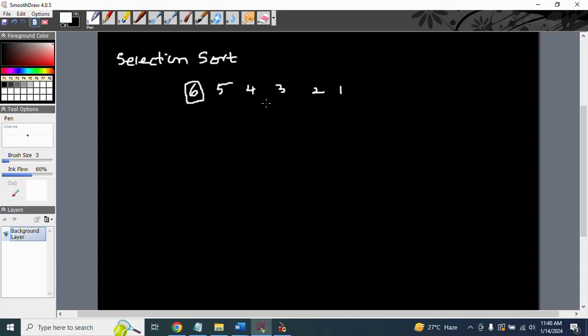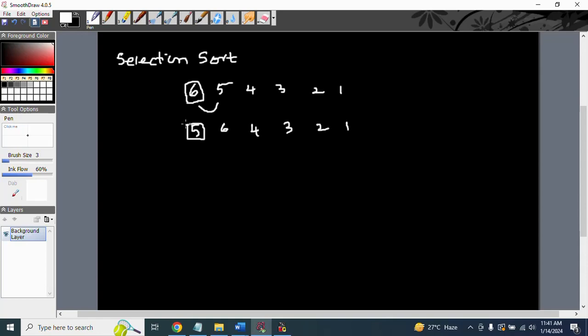So I'll compare my first element with all other elements. First, let me compare the first element with the second element, 6 and 5. If the second element is smaller than my first element, then I should swap it. 6 is greater than 5, so I swap: 5, 6. Now the latest value of my first element is 5.